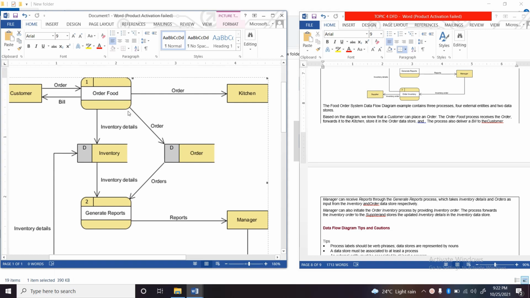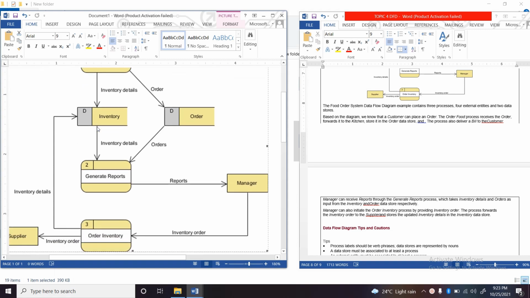Nandito siya. So, yung order na ginawa po ng ating customer, na-save siya dito sa data store natin. Okay, and the process also delivers a bill to the customer. So, nung nakapag-order na siya, it will also return a bill to the customer.